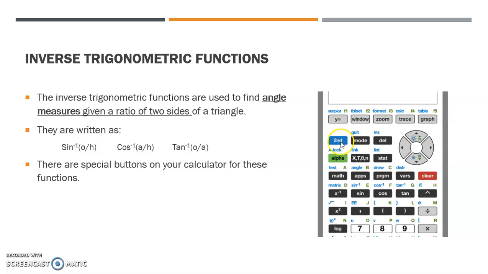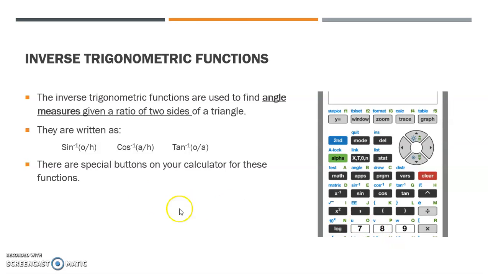So what you do to get to them is you hit the second button and then you click on sine, and that will get you the sine inverse. If you hit second and cosine, you'll get cosine inverse. And if you hit second and tangent, you would get tangent inverse. So all you would do is type second and sine, and then something like 7 divided by 8.